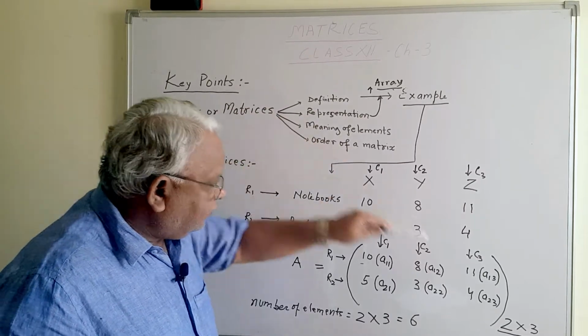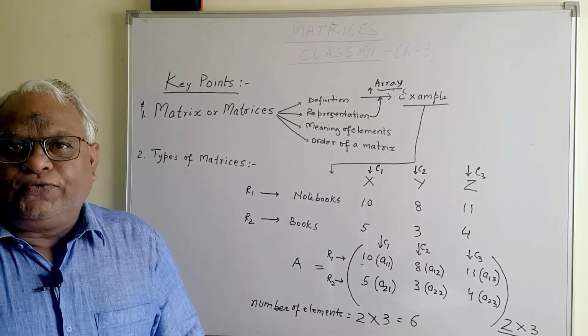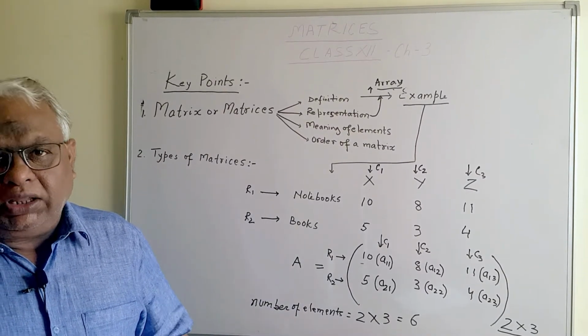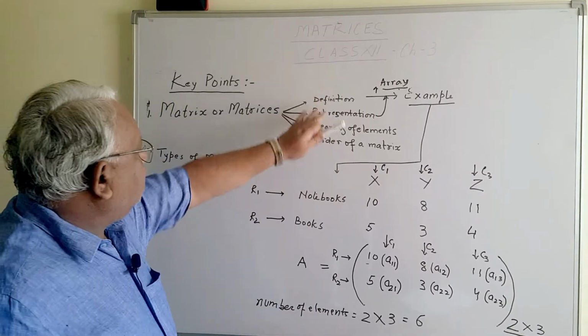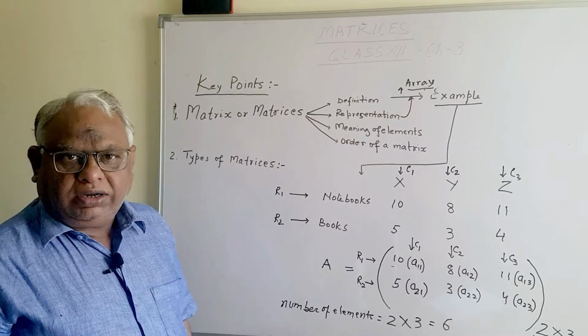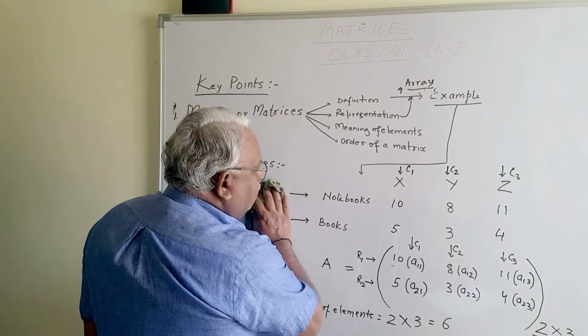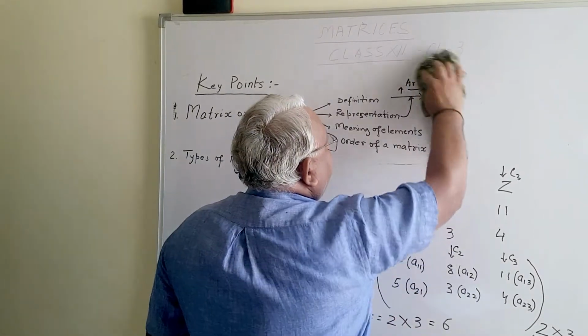So order of a matrix is 2 cross 3, which is defined as how many rows and how many columns are there. So the first part is over, and I hope the things are clear. Is that clear? Okay, yes, fine. Let's proceed to the next part.